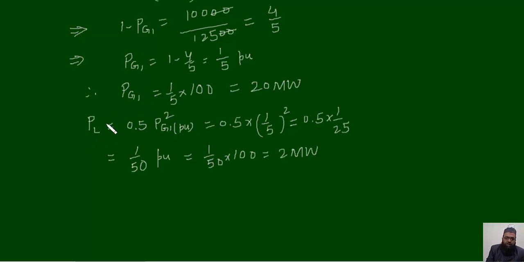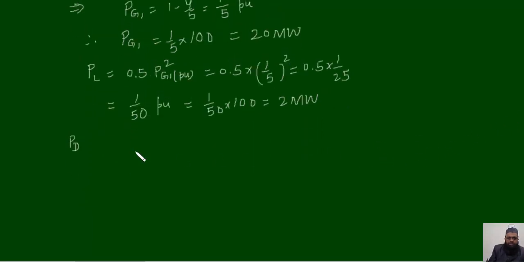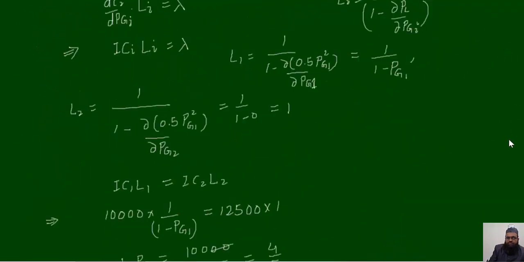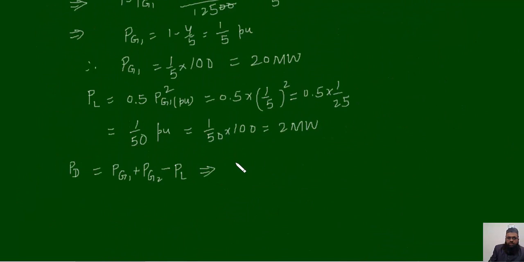So we have PG1, we have calculated PL loss, we know the demand, so directly PG2 can be calculated. That is, PD demand is nothing but equal to PG1 plus PG2 minus PL. This is given as 40 megawatt.